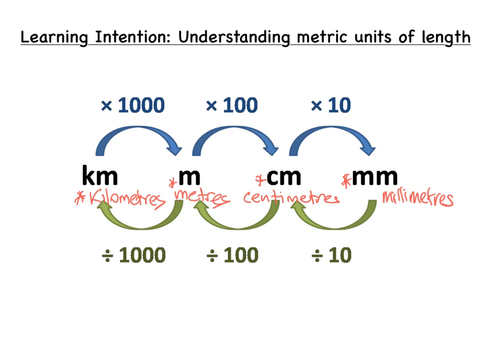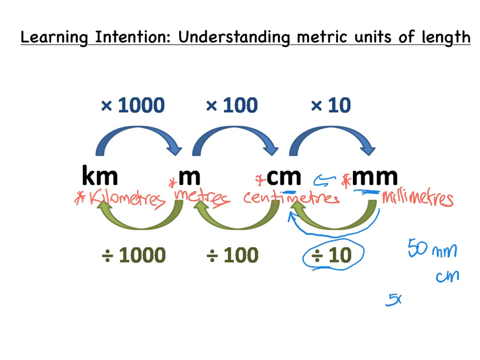Let's say, for instance, we're starting with 50 millimeters, but we actually want to express it in centimeters. So we're going from here to here. Because we are going this way, we follow this green arrow around to here. Starting with millimeters, ending in centimeters, it tells us we have to divide by 10.